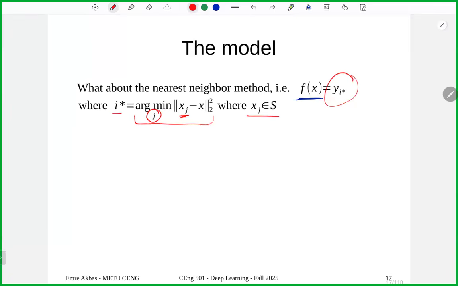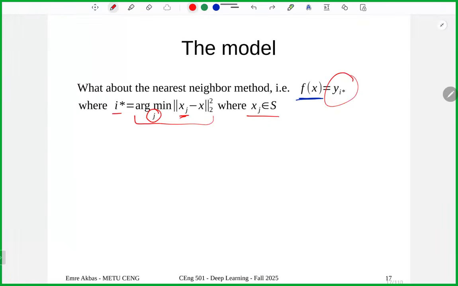Linear, non-linear? It's tricky because this model has no parameters. So this is not a parametric model. Therefore you cannot say that the model is linear or non-linear in model parameters because there are no model parameters.